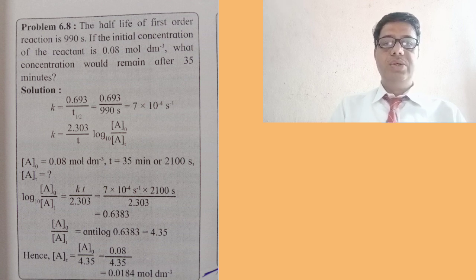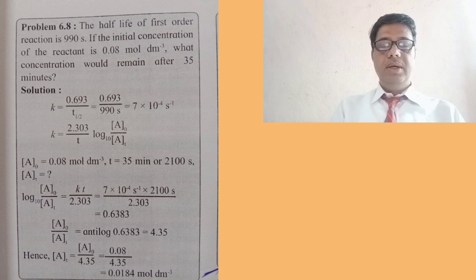Solving by the log method or simply by algebraic laws, it becomes 7 × 10^-4 second inverse. Now we have to calculate the concentration after 35 minutes.